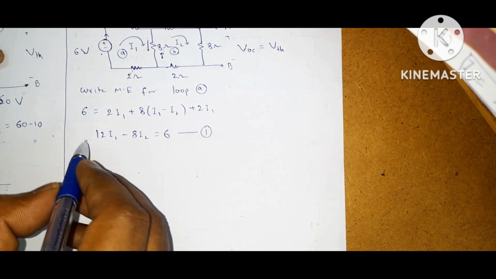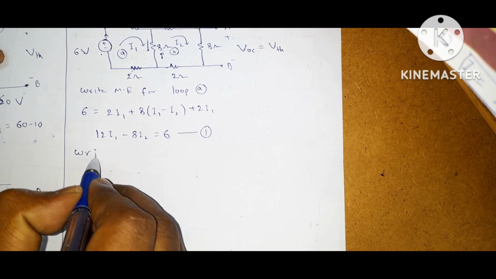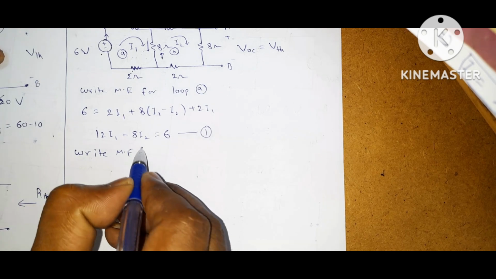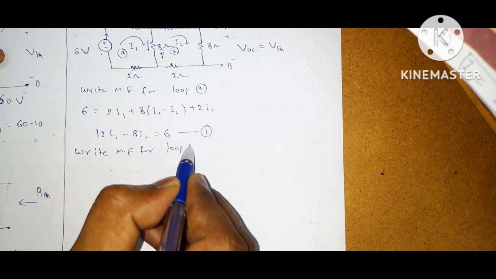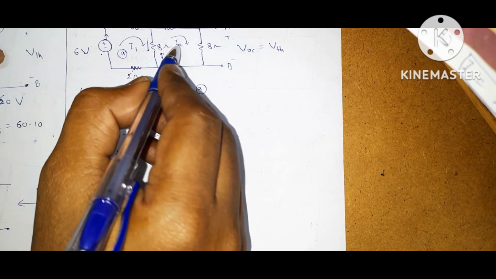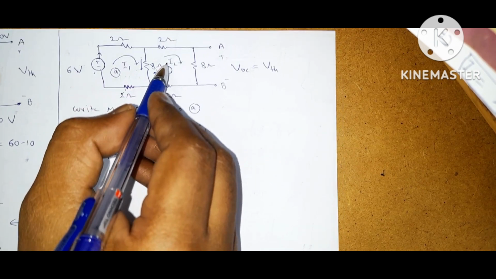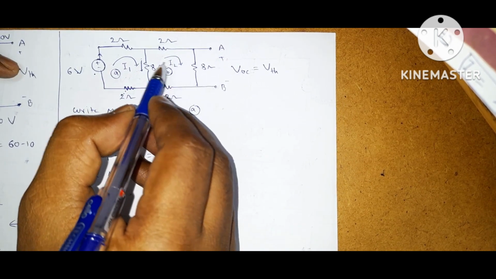Now write the mesh equation for loop B. For this loop there are no sources, so the sources are 0.